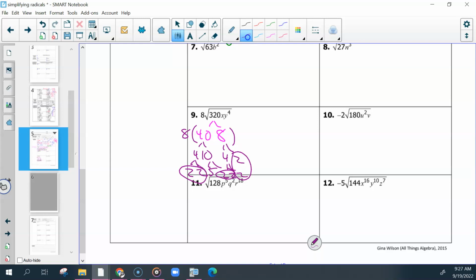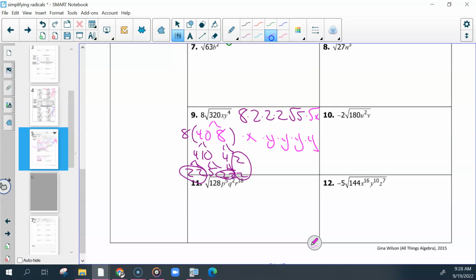And then 5 is unfortunate, it stays by itself. So you have 8 times 2 times 2 times 2 times the square root of 5 as of right now. Then we only have 1 x. So that's going to be by itself regardless because it already doesn't have a pair. And then we have 4 y's.